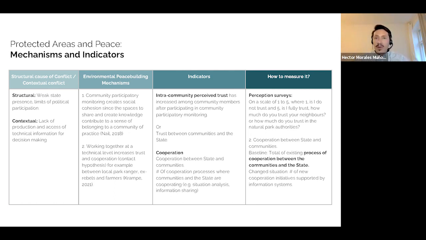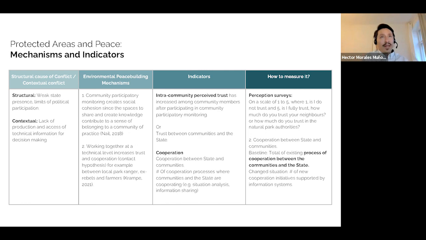And for this, we also took it further, to see not only if trust was the first step to get engaged, and then cooperation was developed between state and communities. And for this, we developed an indicator to see the number of cooperation processes where communities and the state are cooperating at the moment.